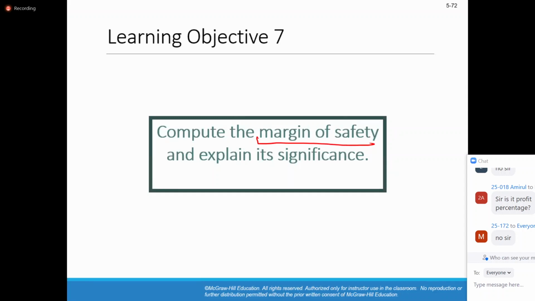Say for example, think of a case, actual understanding. Let's think of a case where I need to have $10,000 of sales to cover up all of my fixed expenses.